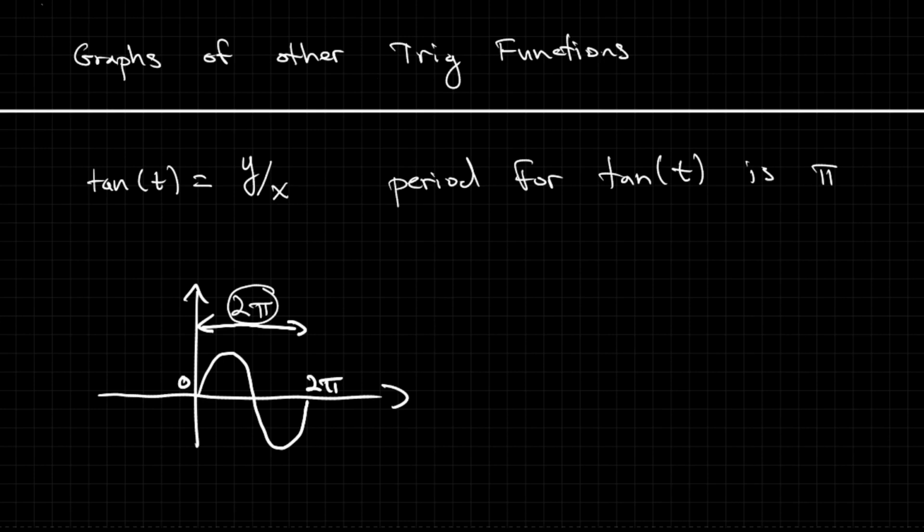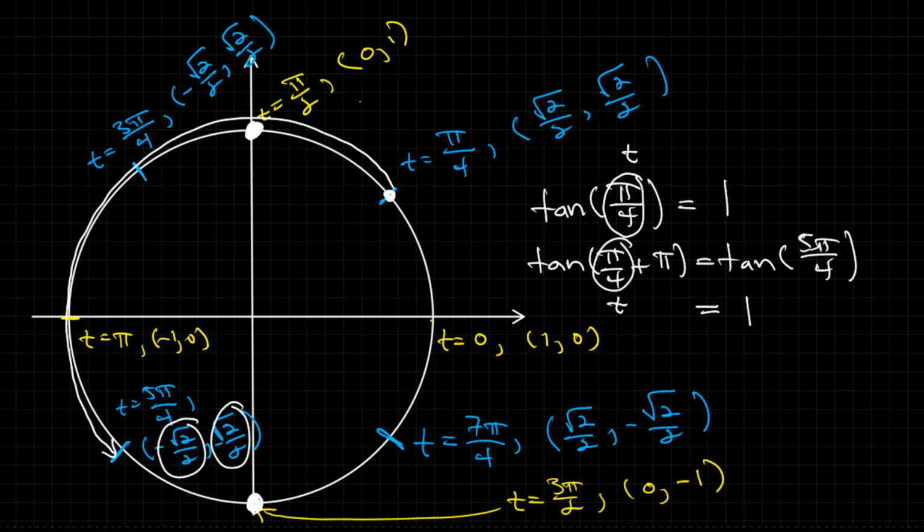And visually, in terms of the unit circle, that means we only need to make a table for 1/2 of the unit circle, because 1/2 of the unit circle has circumference pi. Now the standard choice for creating a table and sketching the graph of tangent of t is to record the t-values and the tangent of those t-values on the right half of the unit circle.